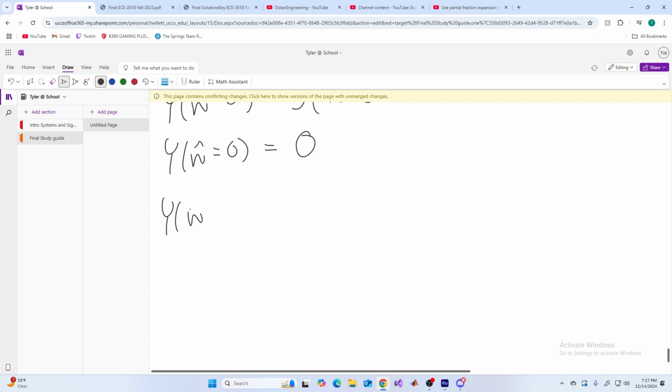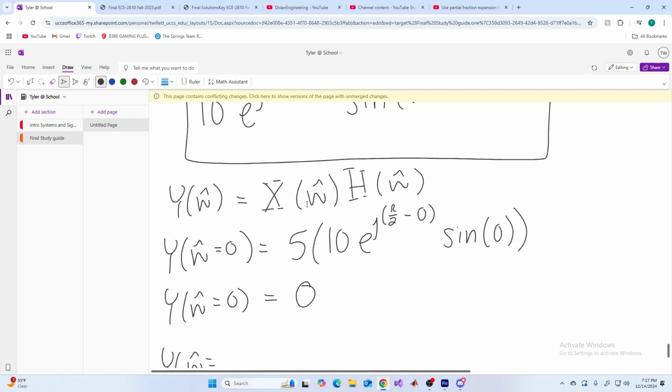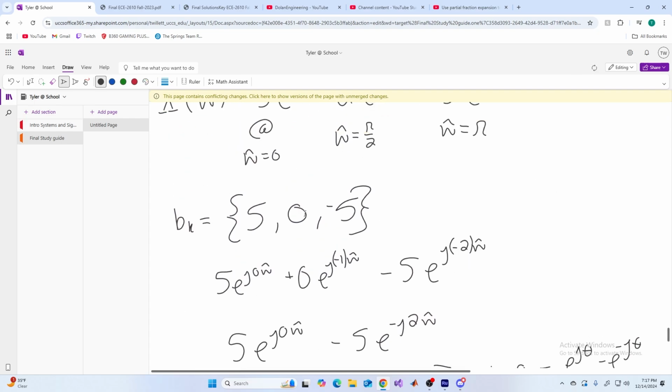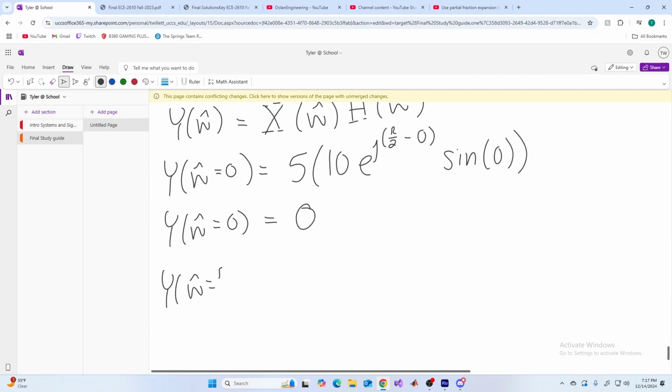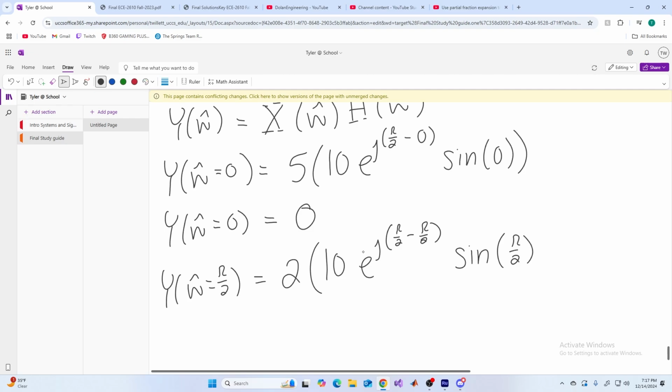Y sub w hat equals, well, where was our next w hat at? Our next w hat was at pi over 2. So for this one, we had a 2, and it was e to the j 0. E to the j 0 is just 1, so leave that alone. 10 e to the j pi over 2 minus pi over 2 sine of pi over 2.